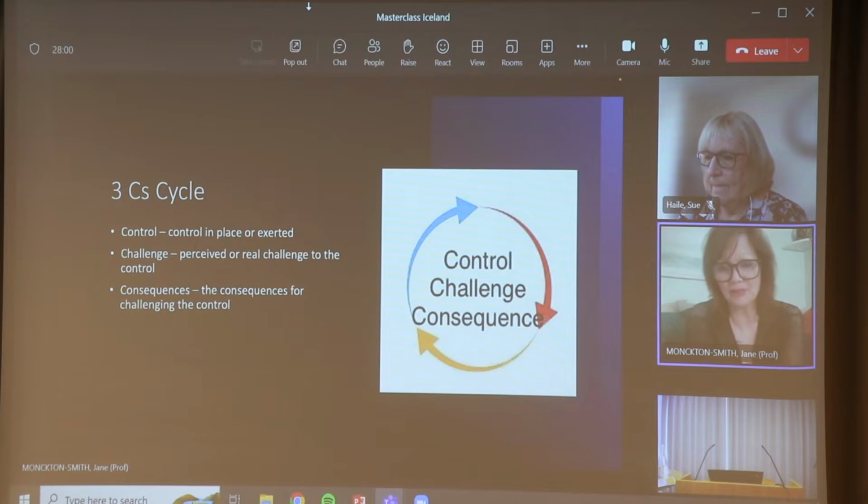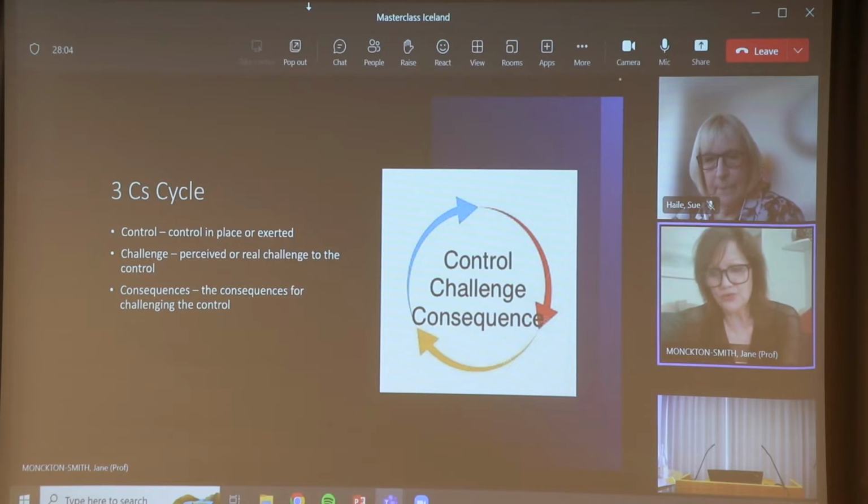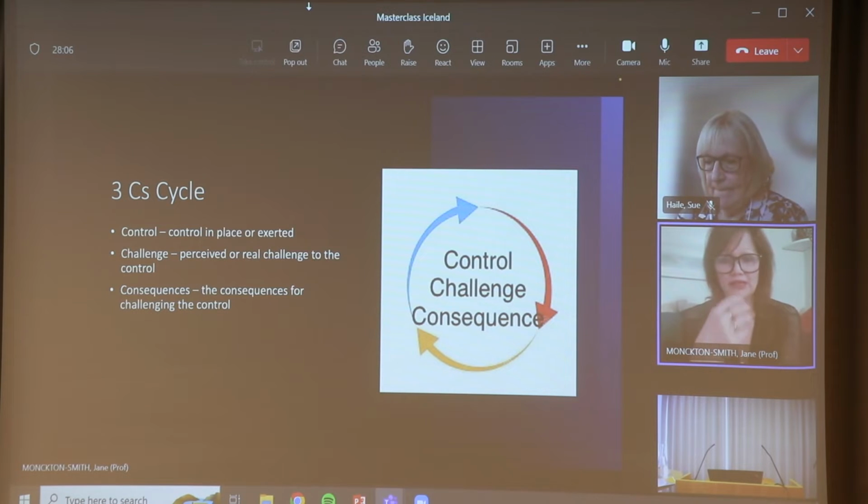It doesn't just happen on a Saturday night when somebody's drunk. It's gone throughout the week. And it's the consequences part that changes. So I'll just explain this control, challenge, consequence cycle.